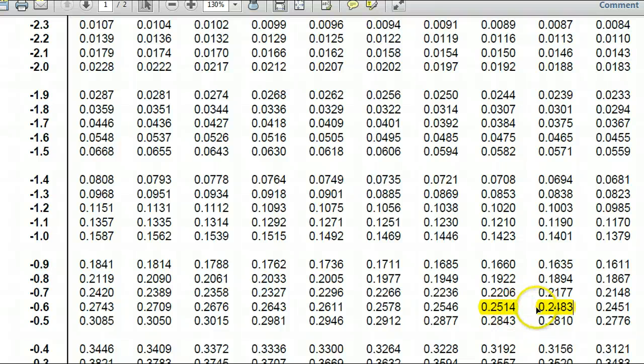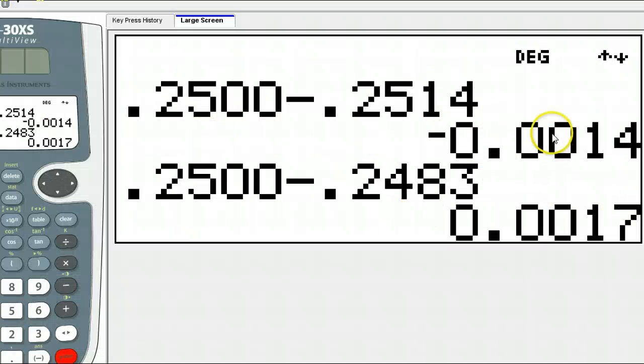So the question is, which one of these is closest? Well, 0.2514 is 14 above. It's got the extra 14, so it's 14 away. But for 0.2483, if you need to, you can always subtract.